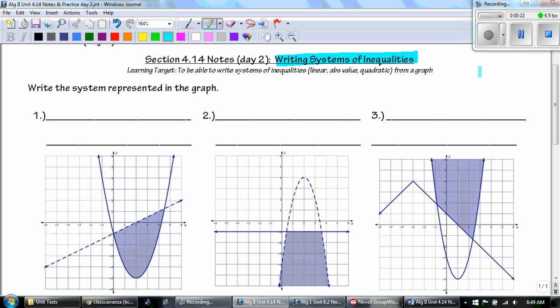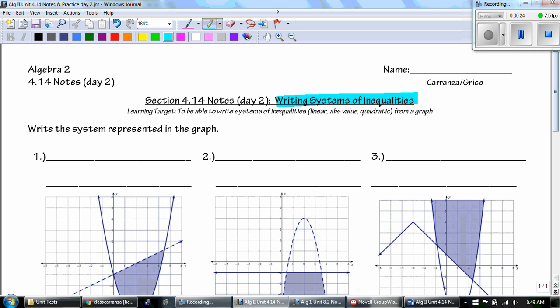All right, so before we get started, let's remember the signs that we were talking about. If it is open and above, it is the greater than sign. If it is open and below, it is the less than sign. Another word that we say with open is if the line is dashed.